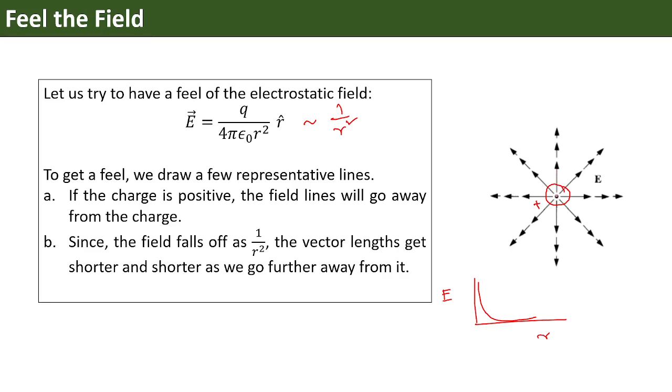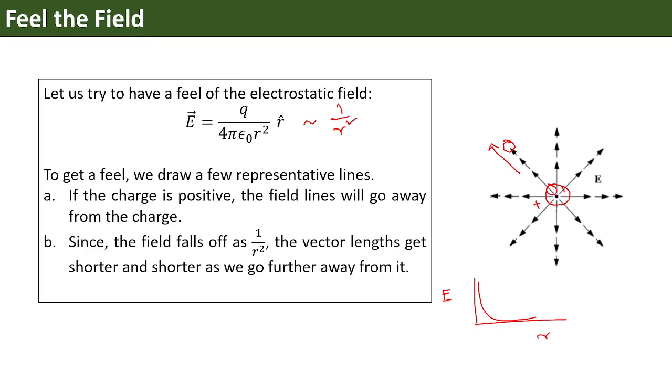Near the origin, we have drawn long lines. That means the electric field is of high strength, and as we go away, the lines are getting shorter. That means the magnitude of the vector is getting less and less, which itself means that the electric field has less strength here than at this point.